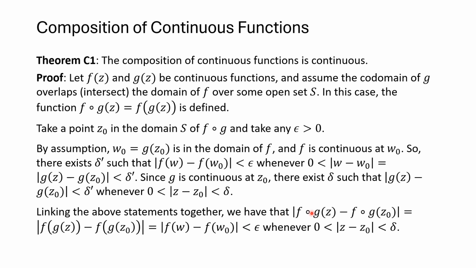Linking these statements together, we have that the modulus of the composition of f and g evaluated at z minus the composition evaluated at z sub 0, which equals, by definition, f of w, because of the way we define w up here, minus f of w sub 0, and that's less than epsilon whenever the modulus of z minus z sub 0 is less than delta. And so that just traces back through the two steps that we have up here.